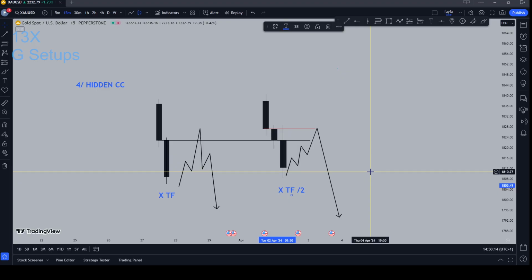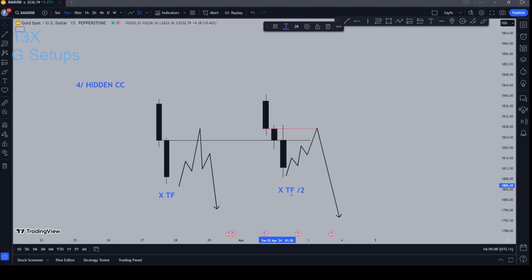For buys, we are going to find the CC just below the main level. Then what will price do? Price will ignore the main level to go and touch the hidden CC, the gap CC above the main level, and melt down. We can instantly sell here when price reaches this new level, this bearish gap CC. So these are the four entries we have on gaps.